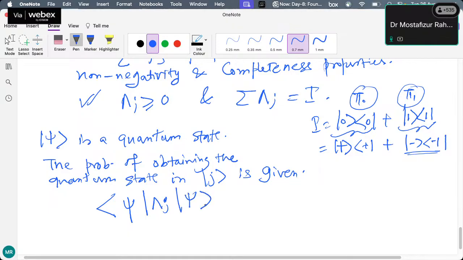So this is another way of measuring the probability of the state being in the psi state.